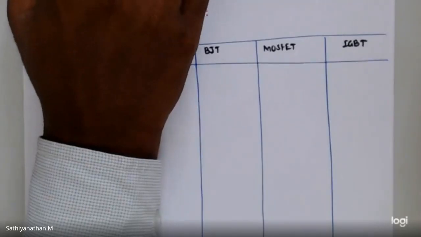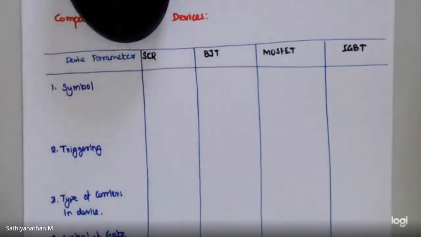So today we are going to discuss the gate turn off thyristor. There are two devices that are left out. One is GTO, another one is IGCT, insulated gate commutated thyristor. So these two come under the thyristor family.